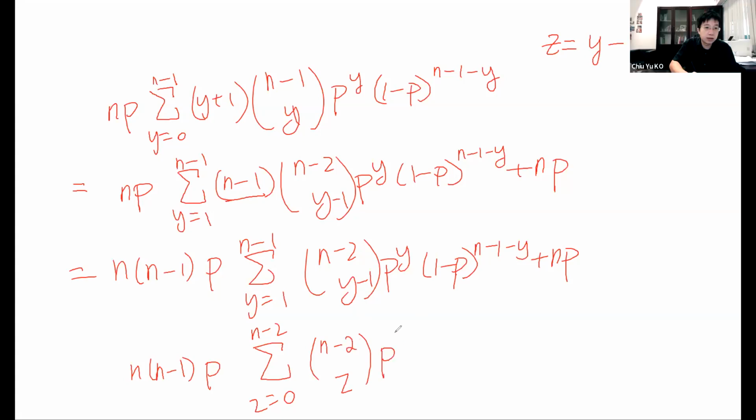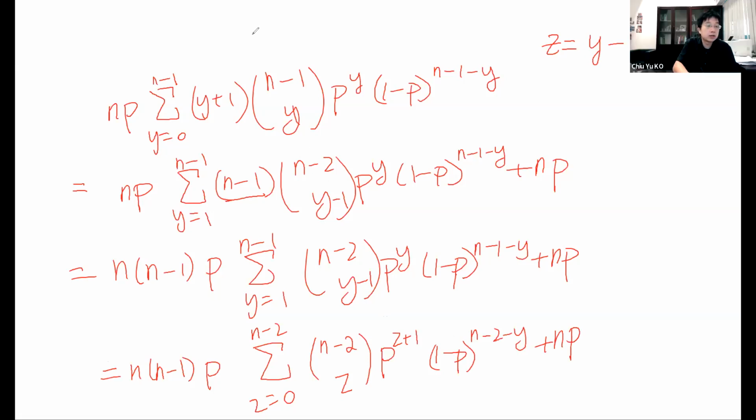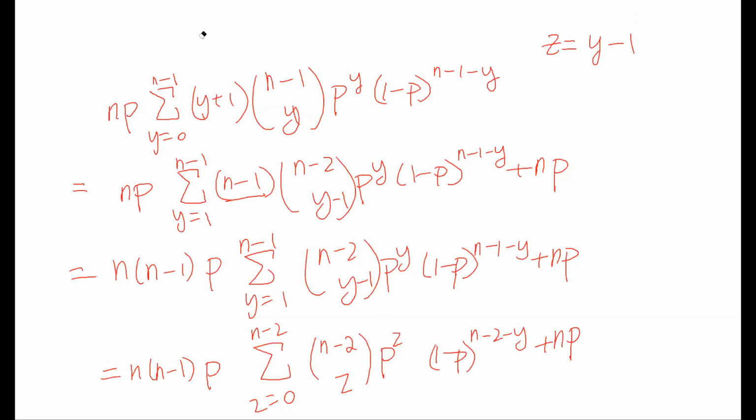And p will become, because y is z plus 1, p to the z plus 1. Okay. And I have n minus 2 minus z, and 1 minus p. Is that okay for this one? Yes. And then this plus 1 can be taken out, right? It becomes p squared.